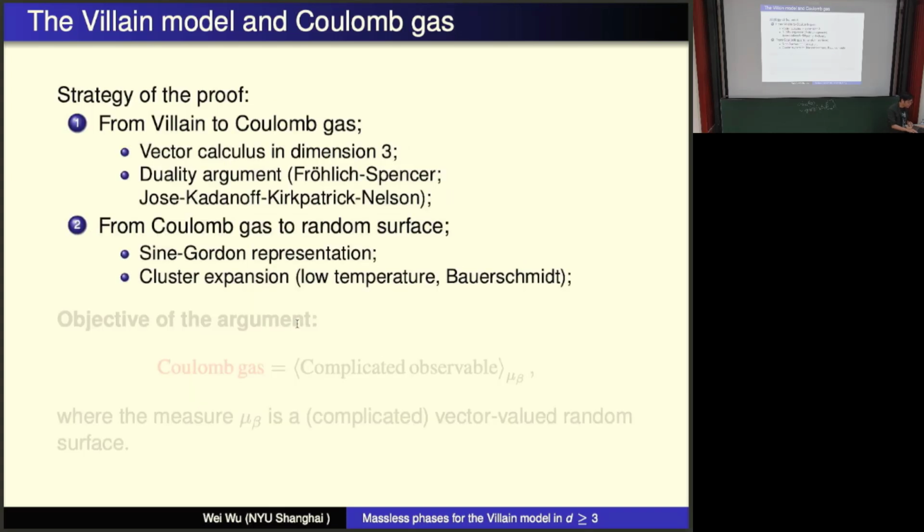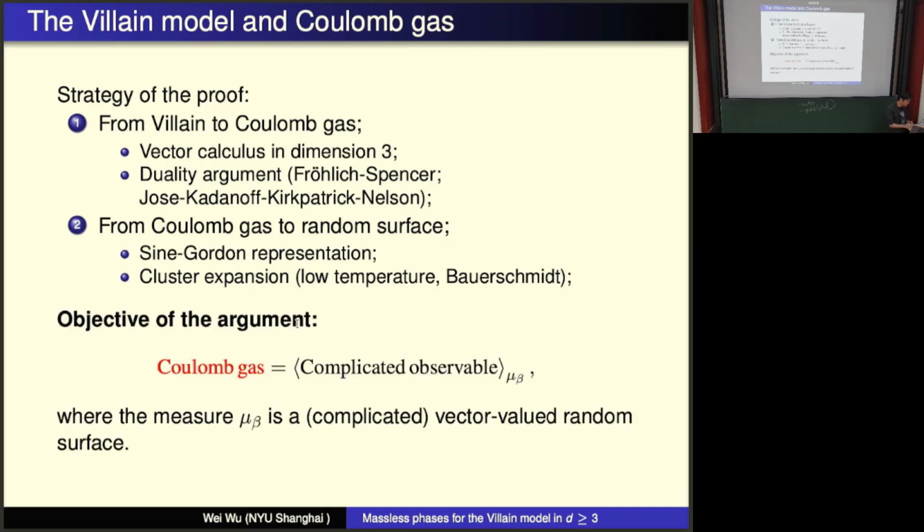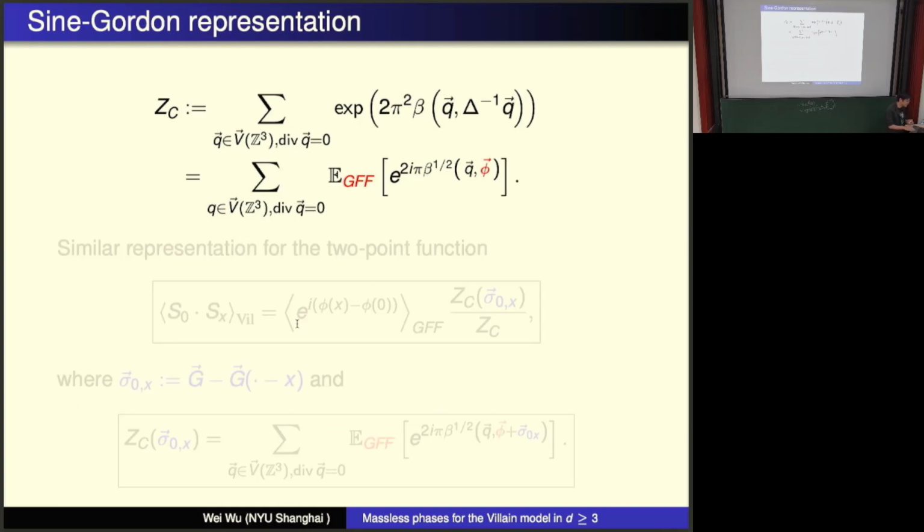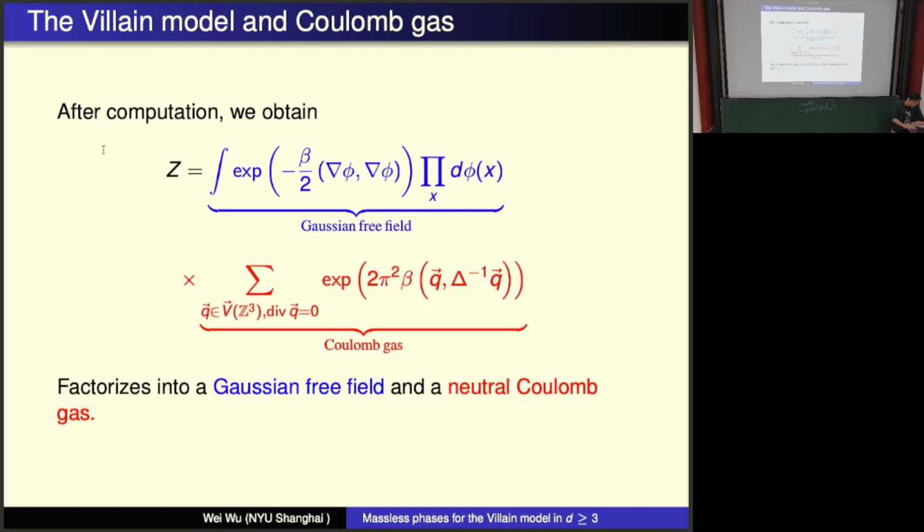Well, the next step is going to be a so-called one-step renormalization that maps this Coulomb part into a height function part. So the basic idea is called the Sine-Gordon representation, that the Coulomb gas is just the expectation of a GFF. Right? The covariance is just the Laplacian inverse, so I can write it as some expectation of a GFF. And we can also run the previous steps not just for Z, but we can also look at the 2-point functions.